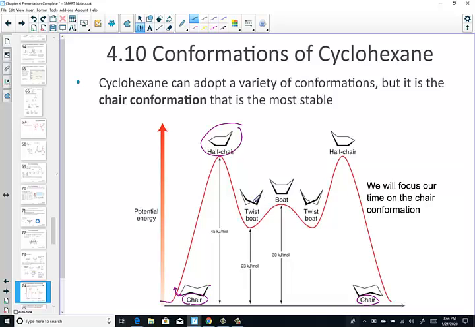And if you twist carbon 1 and carbon 4 a little bit, you get a twisted boat, back to the twisted boat, back up to the half chair, and finally the chair conformation. So since the chair conformation is the most stable because it has the least steric hindrance, it has no interactions from position 1,4. From there, this is where we'll focus our studies, the chair conformation.